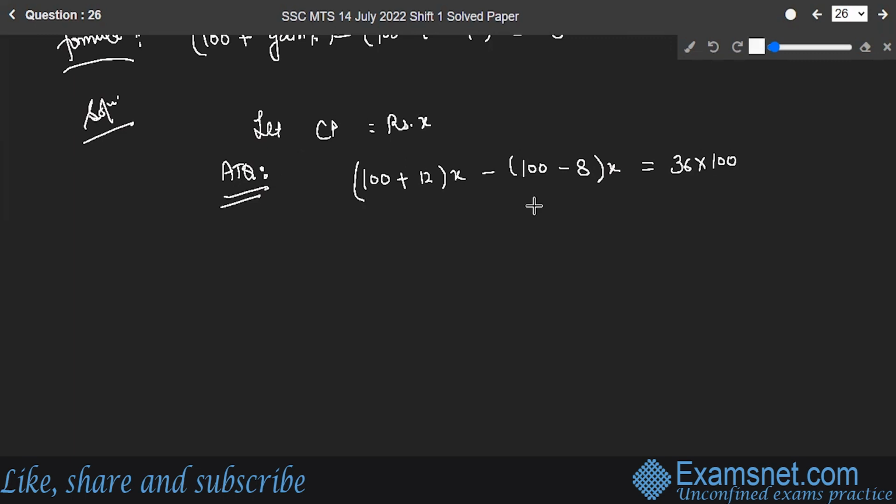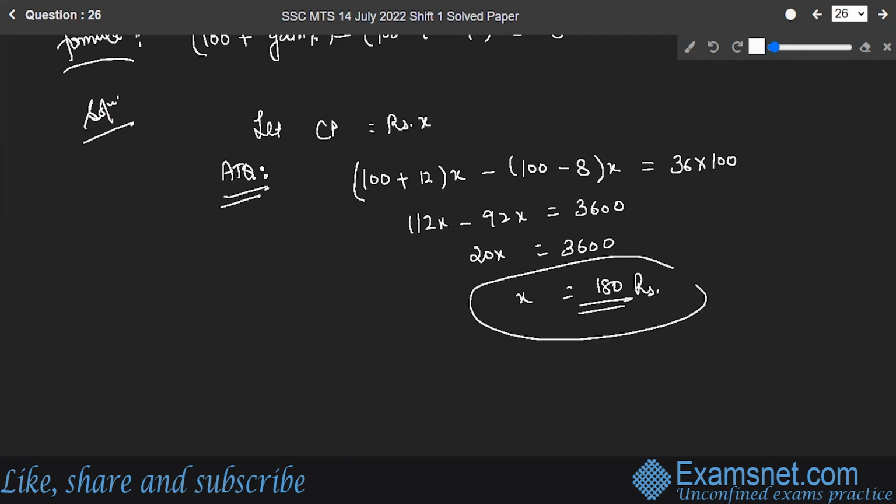So this gives you 112x minus 92x equal to 3600. So 112 minus 92 gives you 20x, and x is equal to 180. So the cost price of the article is equal to 180 rupees.